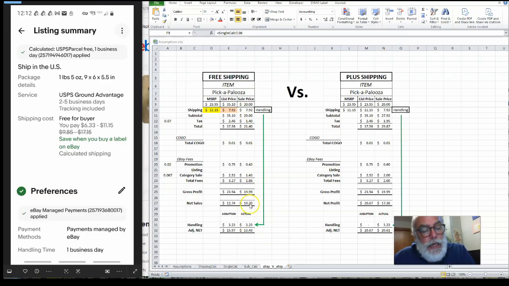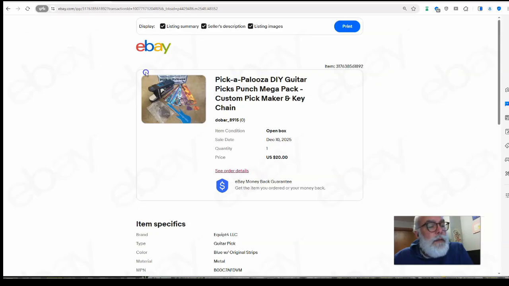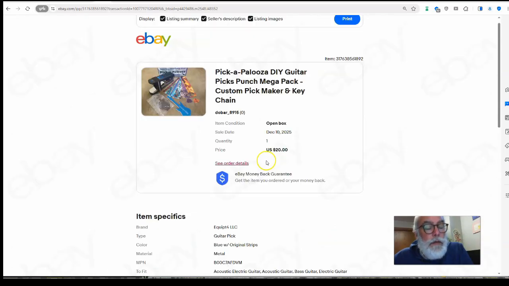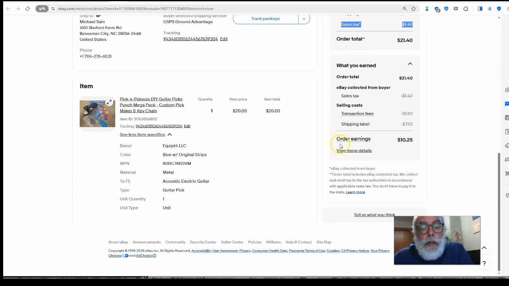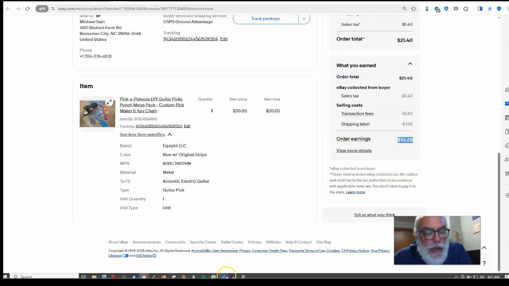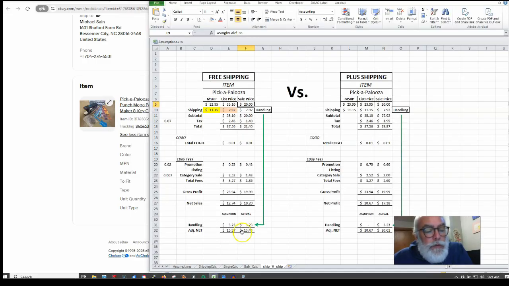So in this particular case, even though my net sales, we can go look at that. Let's see, where was that? Order earnings, $10.25. So that matches up, generally speaking.